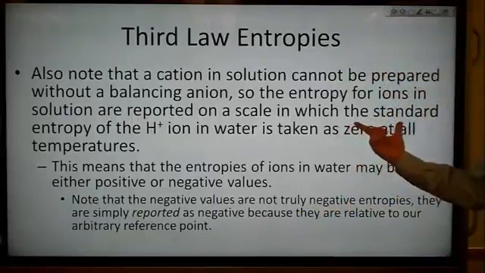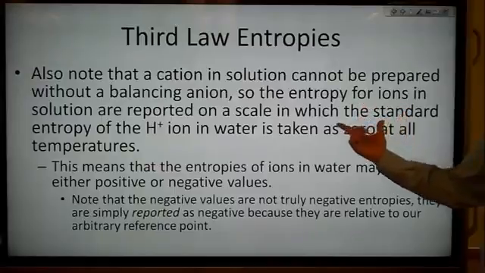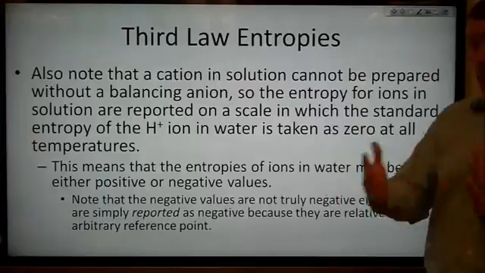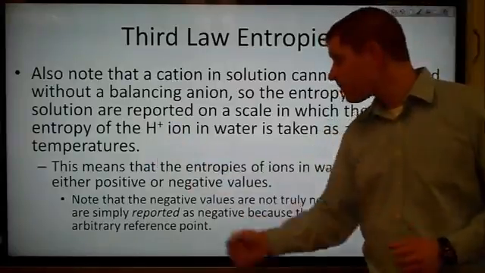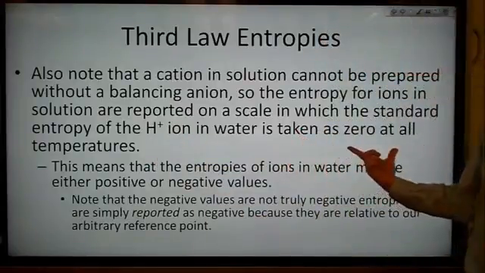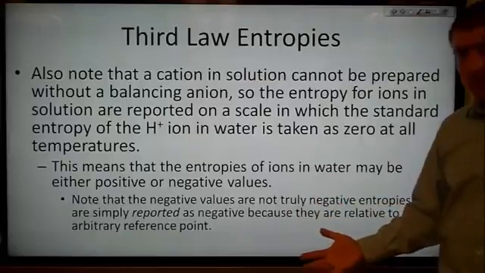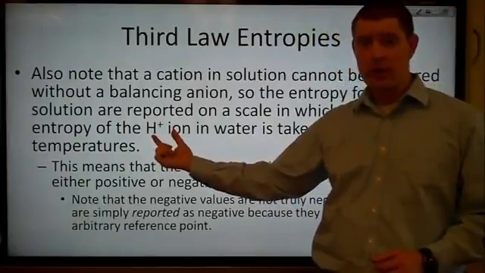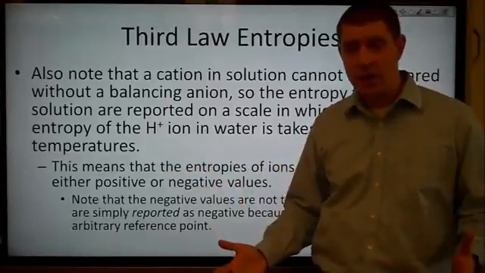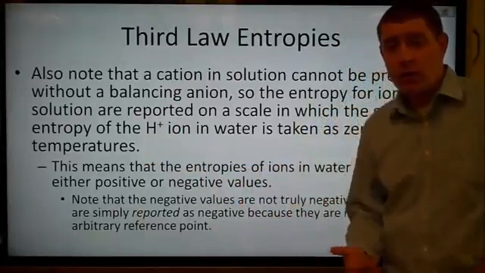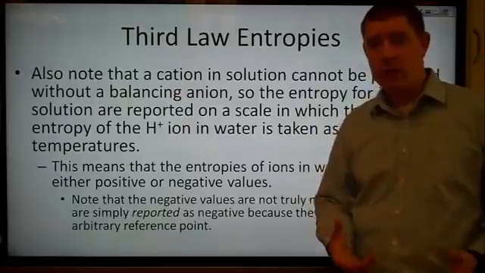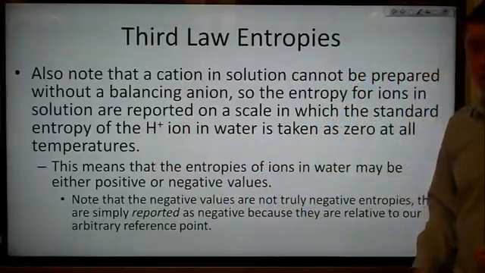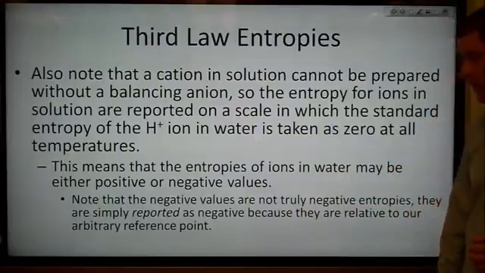And so the entropies for ions have to be reported on a scale in which the standard entropy of some ion, and we've chosen the hydrogen ion, in water is taken as zero at all temperatures. So we know the actual entropy of the hydrogen ion is not zero at all temperatures, but we don't know what it is, and we have no way of measuring it without some standard, so we've chosen the hydrogen ion. That's going to be our zero. We're assuming that's zero at all temperatures.